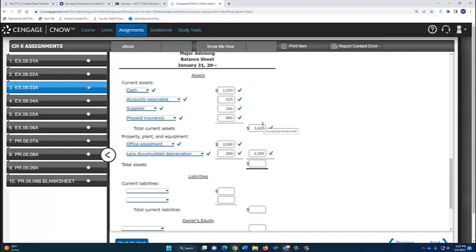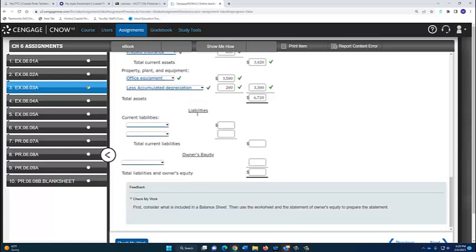So now I'm going to add the value of the current assets and the book value of the property, plant, and equipment. And that'll give me the total assets. Now liabilities will be broken down into current liabilities and long-term.